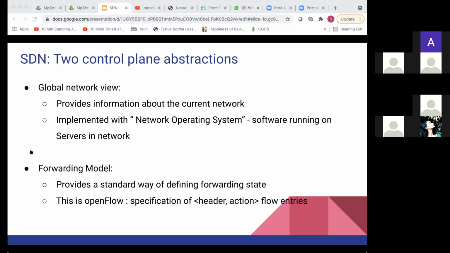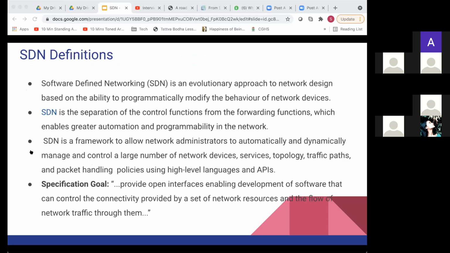So that brings us to the industry-wide definition of SDN. I won't spend too much time on this. If you look up SDN, each source comes up with a different way of defining it. I have a few samples of how it is defined.